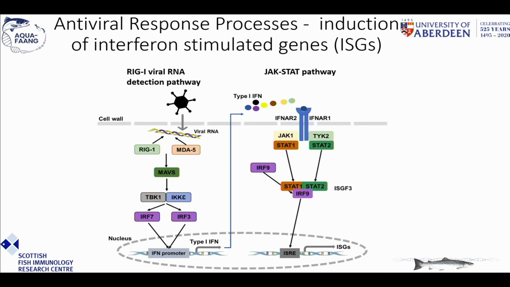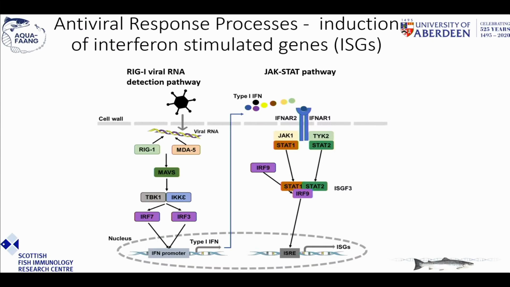Next, I wanted to see the pathways that are involved in the antiviral responses, like the induction of interferon-stimulated genes, ISGs, which are the key antiviral genes. So I picked two pathways.